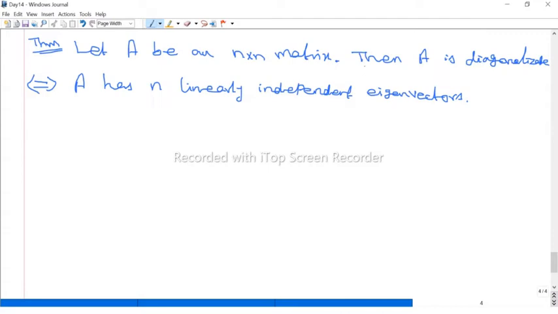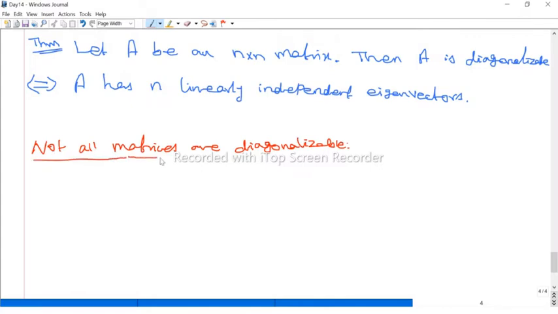The example shows not all matrices are diagonalizable. If you take any non-zero nilpotent matrix, it is never diagonalizable. A nilpotent matrix is diagonalizable only when that matrix is the zero matrix.